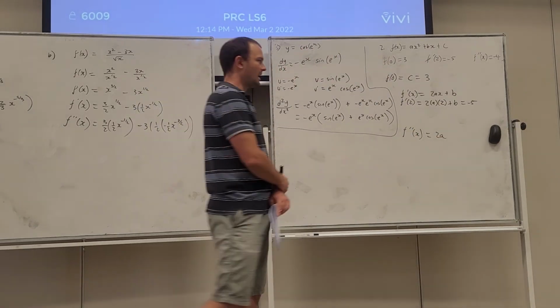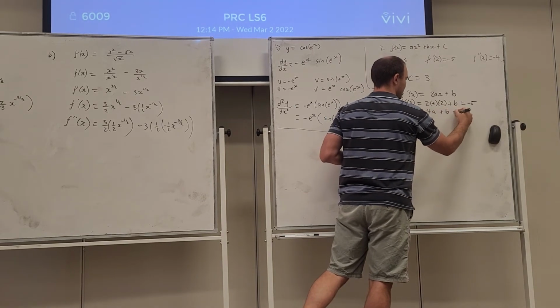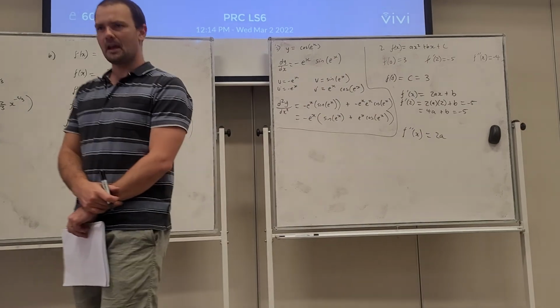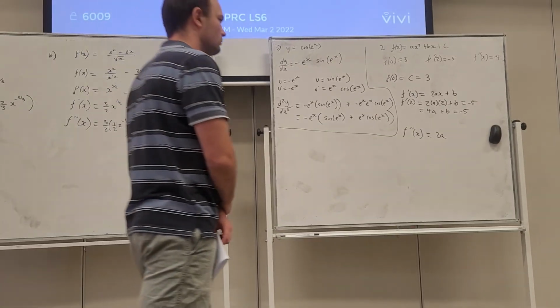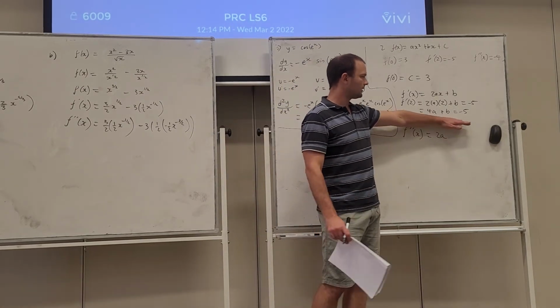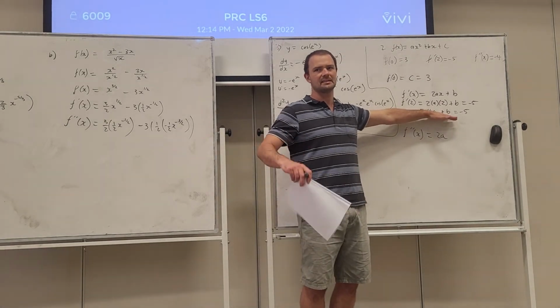So here we're going to have 4a plus b equals minus 5. Now, we can't take that any further just yet. We could rearrange it to get one of the values by itself, but for now we're just going to leave it like that because there's two variables. There's sort of nothing we can do at this stage.